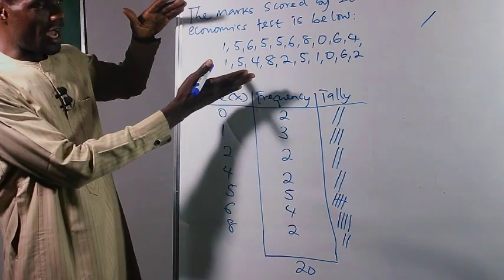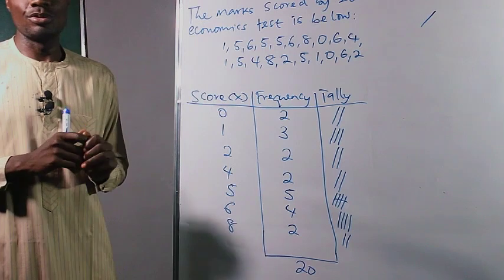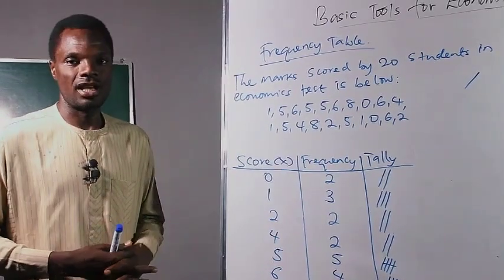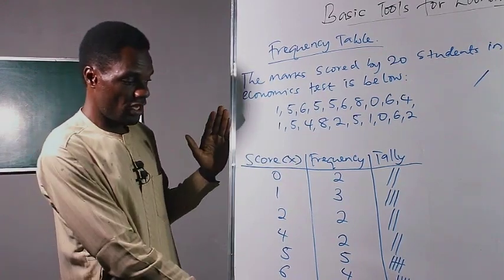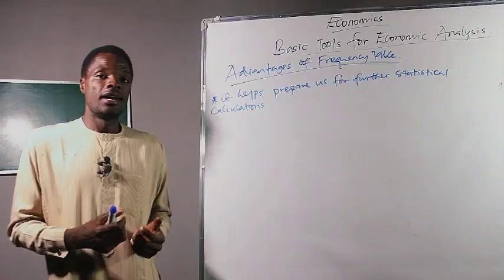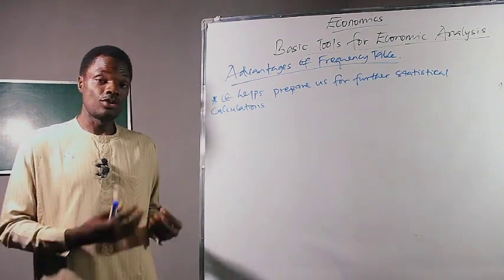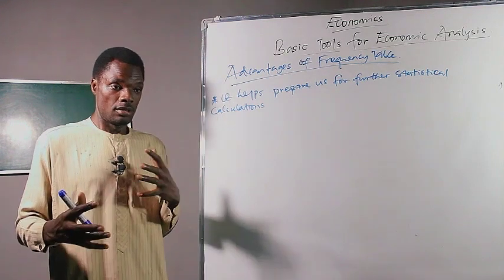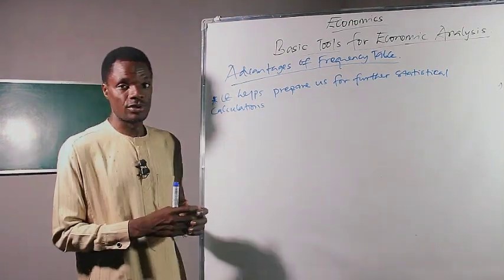When you look at the raw data and this organized data, which one gives you a clear picture about the observation? I'm sure that in your mind, you know that this one gives you a clear picture. Having constructed a frequency table, I know that you now have one or two ideas about how to construct one.